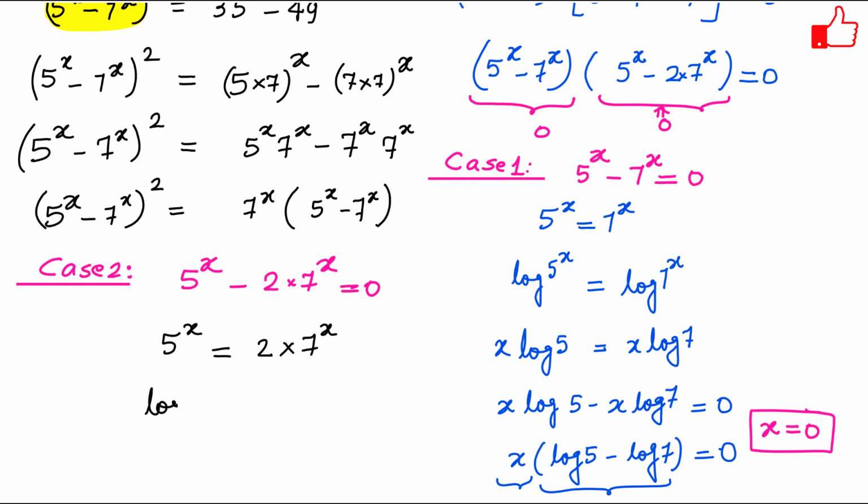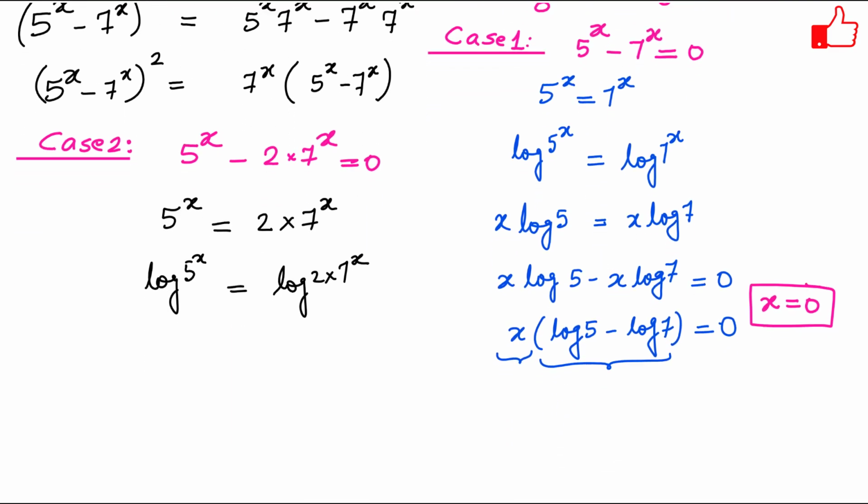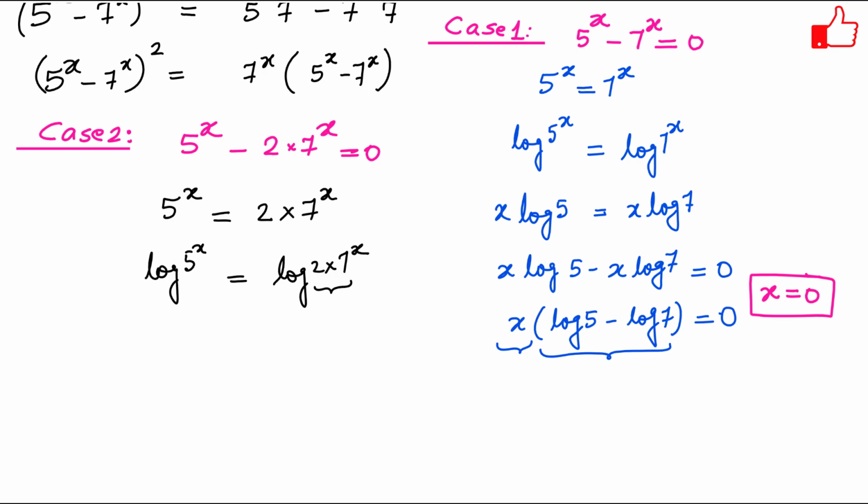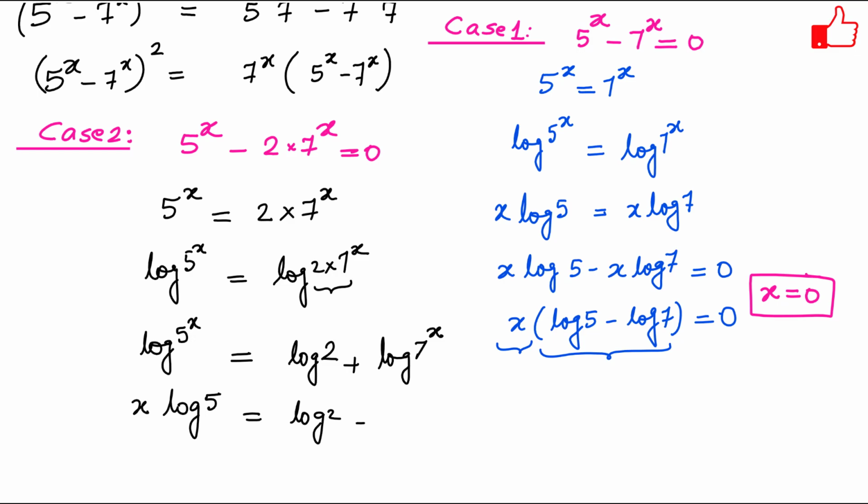So I will have log of 5 raised to x is equal to log of 2 times 7 raised to x, and using the property of log, log of a into b is equal to log a plus log b, I can write log 5 raised to x is equal to log 2 plus log 7 raised to x, and I can take x as a product because that is another property of log. So x log 5 is equal to log 2 plus x log 7.